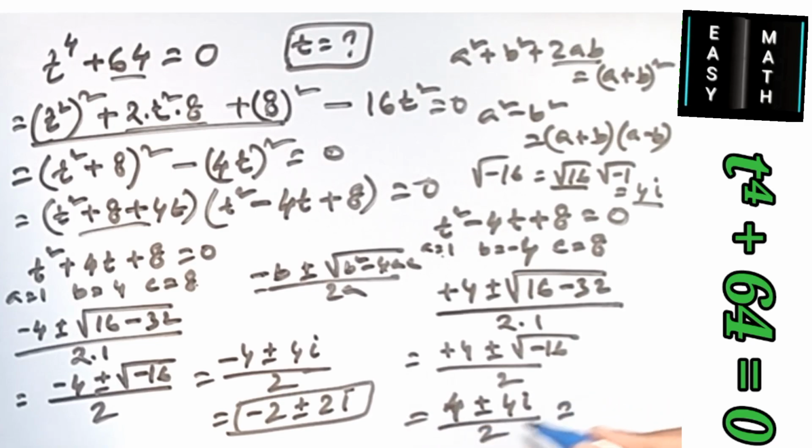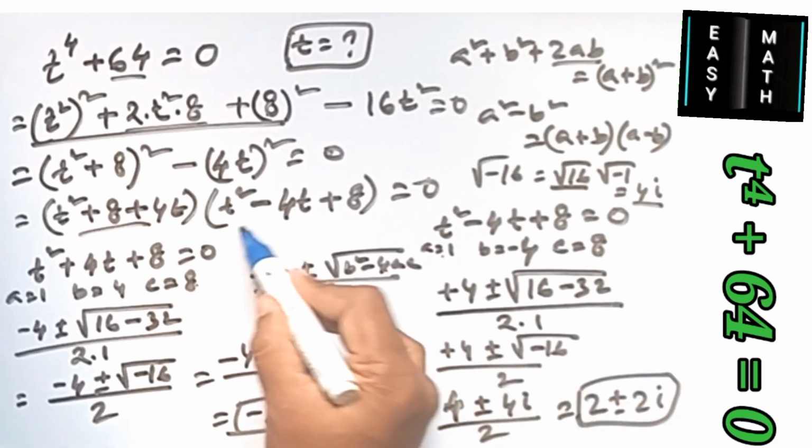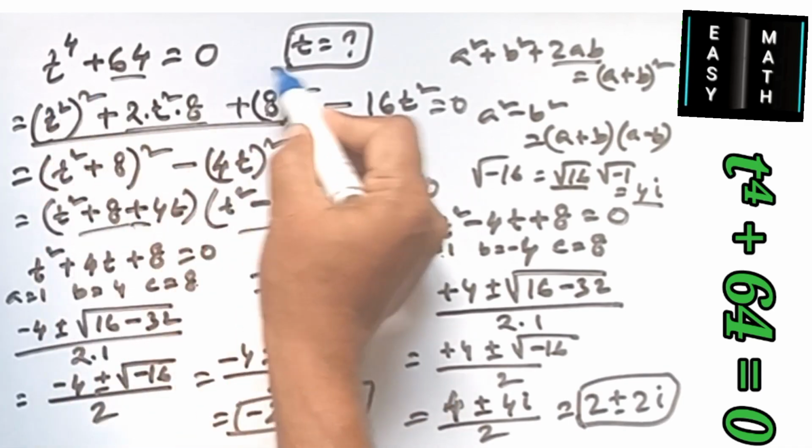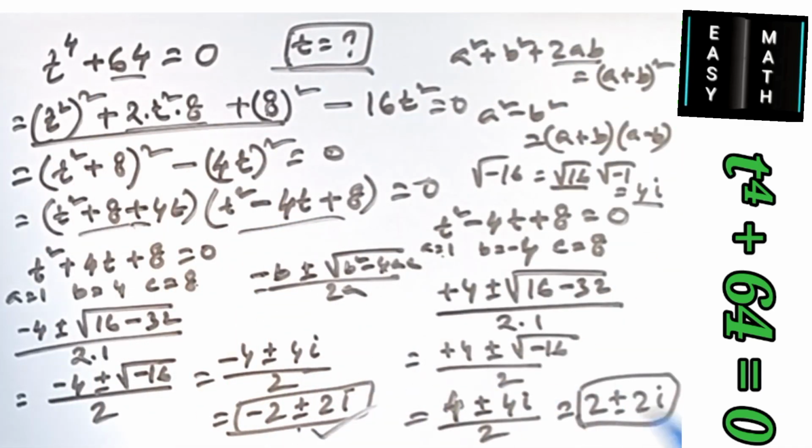So the value is 4 divided by 2 is 2, plus minus 2i. So from here we get this, and from here we get this. So the t value is this or this.